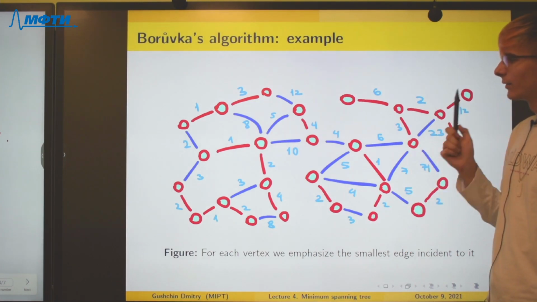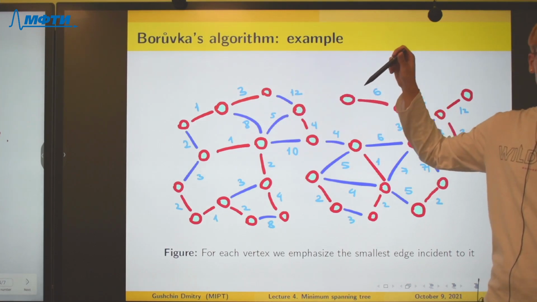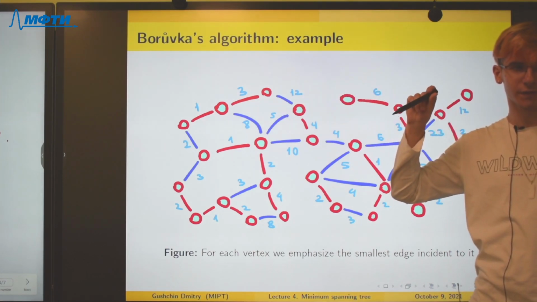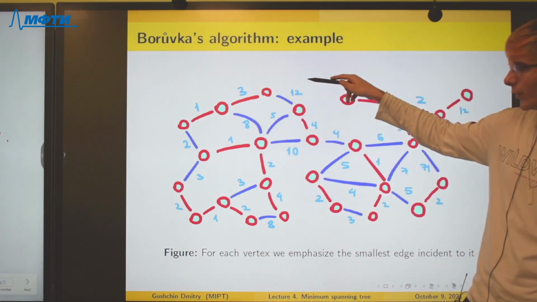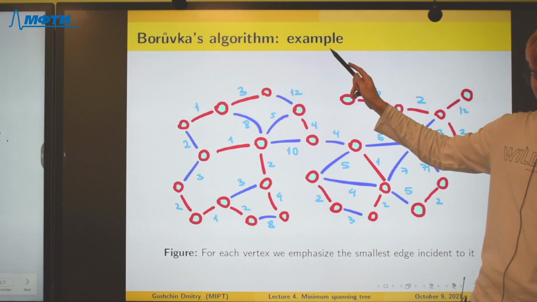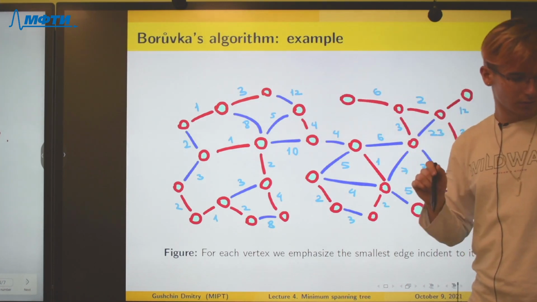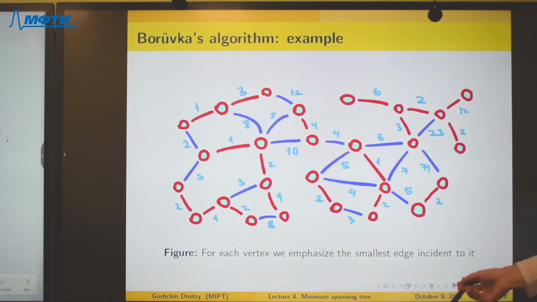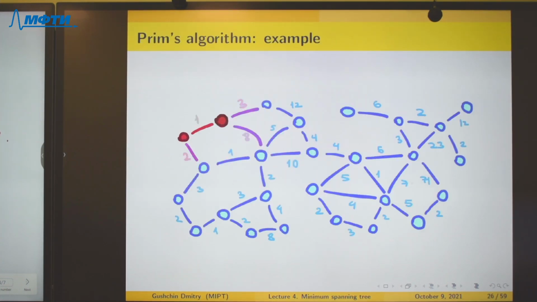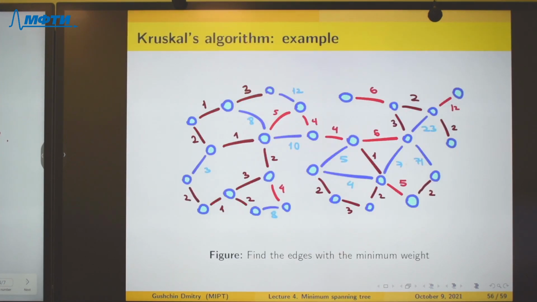Then, for each set in the disjoint set, we find the edge with the minimal weight, and we add it, and repeat for each component, and repeat while we don't have one component. So it's about Kruskal's algorithm.